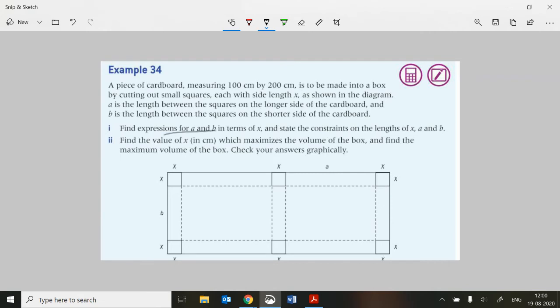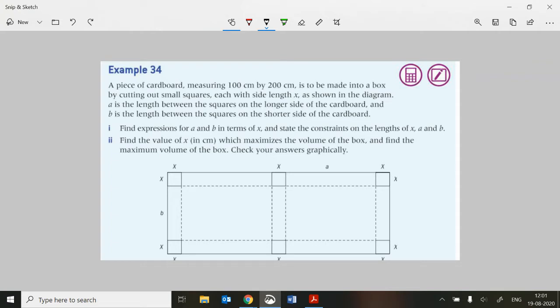Okay, so we found expressions for these, and now state the constraints on the lengths x, a, and b. So constraints for x. We're thinking about what our domain for x is, in a way.